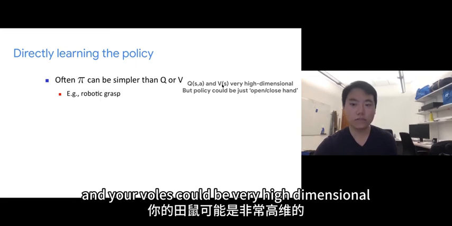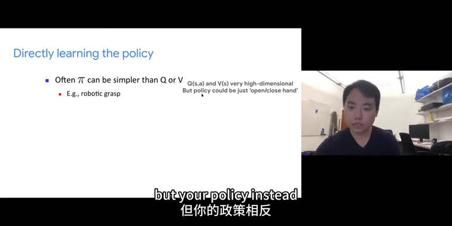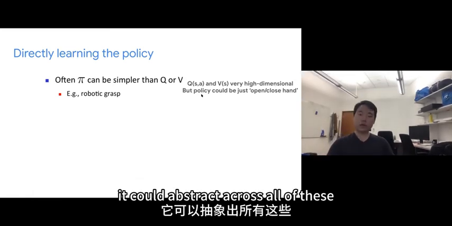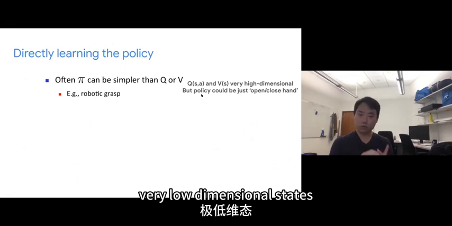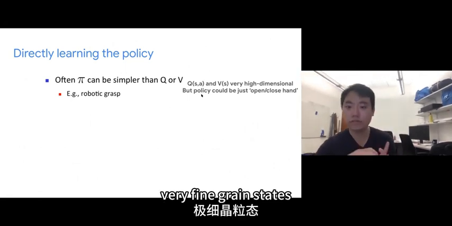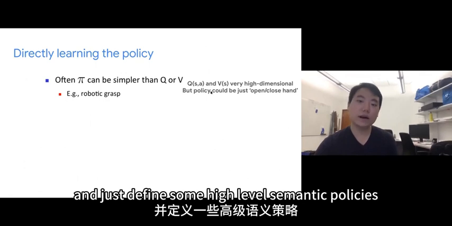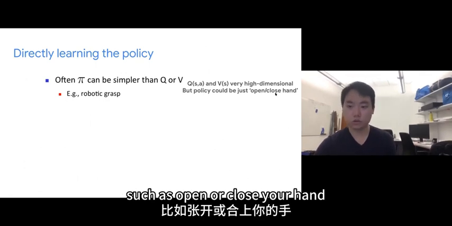So your Q of S,A and your V of S could be very high dimensional. But your policy, instead, could abstract across all of these very low dimensional, very fine-grained states, and just define some high level semantic policies, such as open or close your hand.